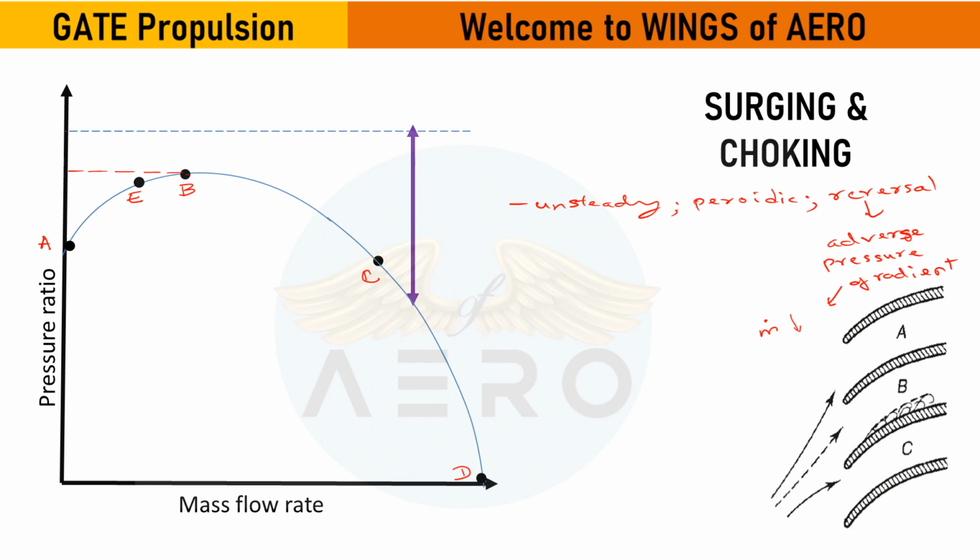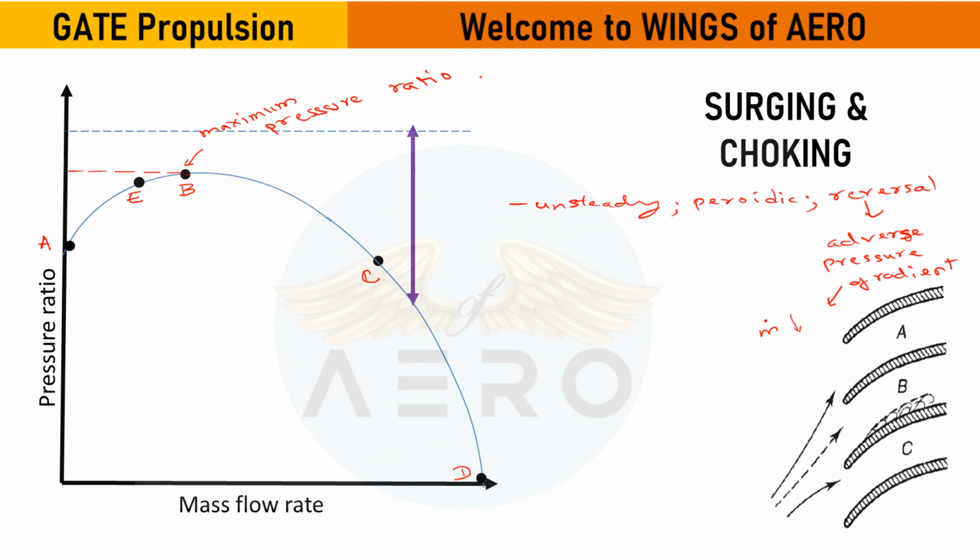B is the point where we have the maximum pressure ratio. It's a graph between the mass flow rate and the pressure ratio.